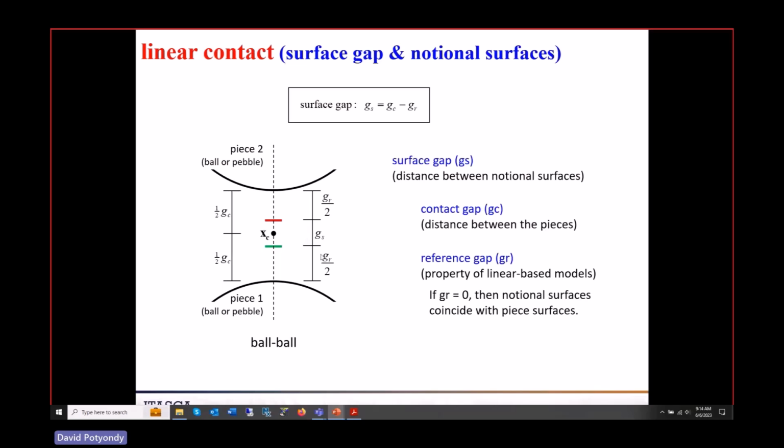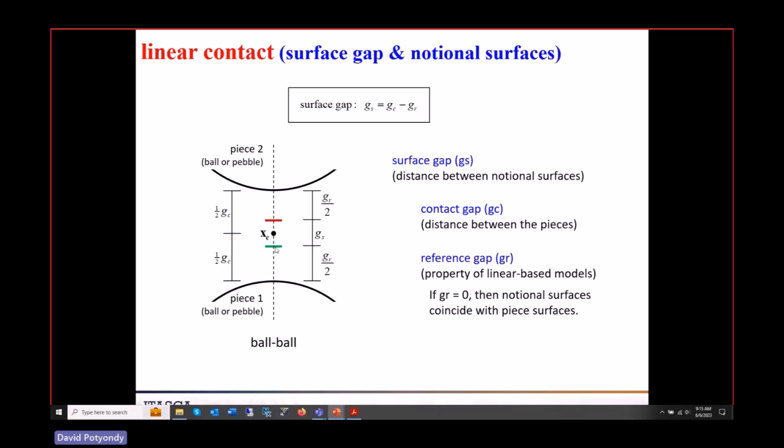We apply this reference gap. This reference gap allows us to make these surfaces not necessarily correspond. It's a very powerful thing because it allows you to take a set of disks or other particles, and the actual surface of the particle does not have to be at the surface of the particle, if that makes sense.